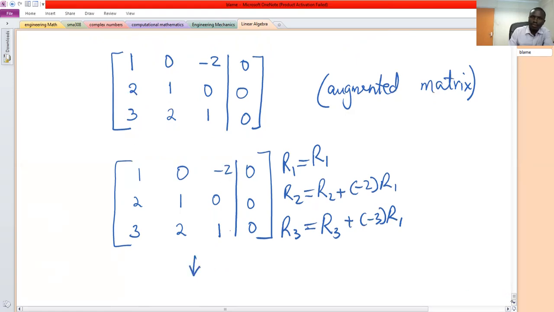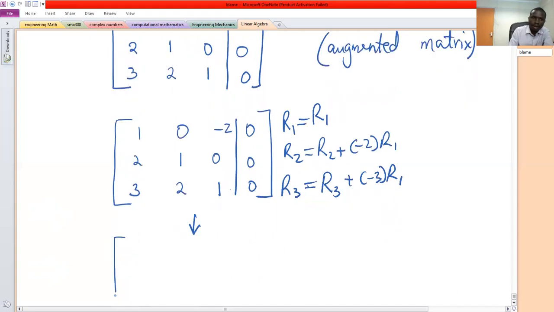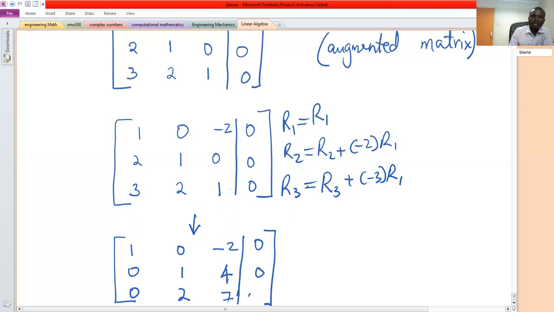This will lead me to 1, 0, minus 2, 0; then 2 plus minus 2 times 1 is 0, 1 plus minus 2 times 0 is 1, 0 plus minus 2 times minus 2 is 4, and 0 plus minus 2 times 0 is 0. Row 3: 0, 2 plus minus 3 times 0 is 2, 1 plus minus 3 times minus 2, that's plus 6, so 1 plus 6 is 7, and then this will be 0.